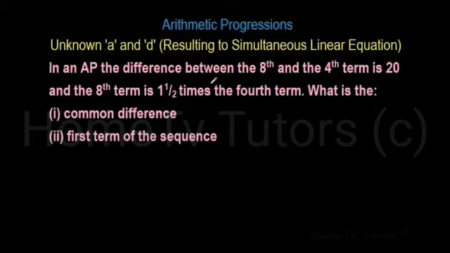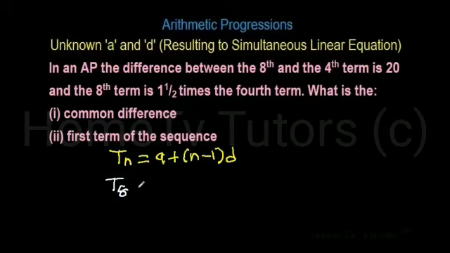Okay, so for this given question, it's a couple of things combined together, so we need to break it down piece by piece. First let us write out the general formula for AP, which is a plus (n minus 1) d. So we're talking of the 8th term, so we have T8 equals the first term a, which is unknown, it is not given in the question.